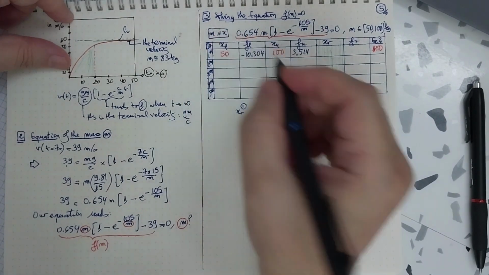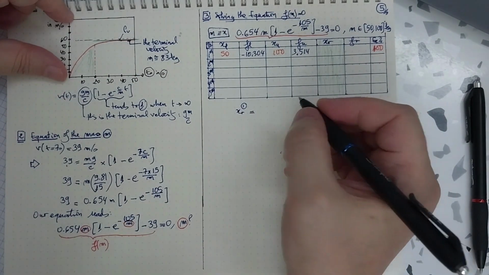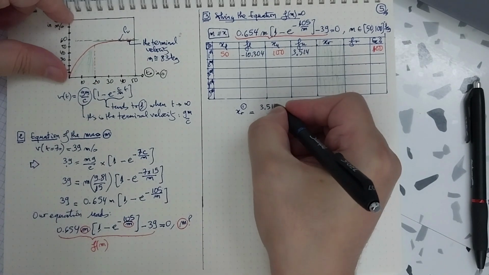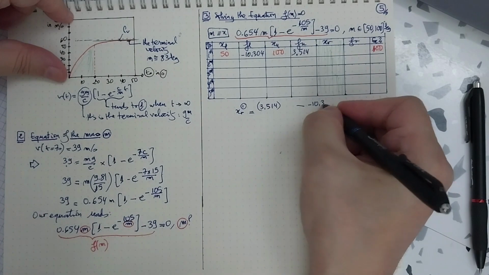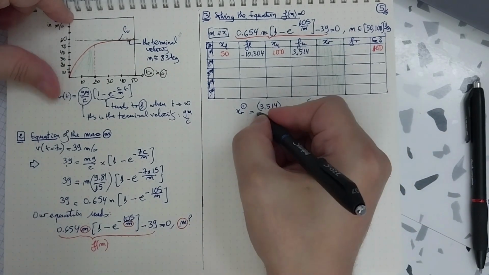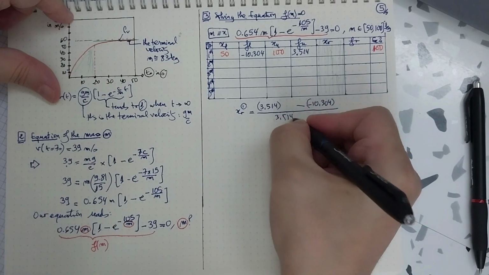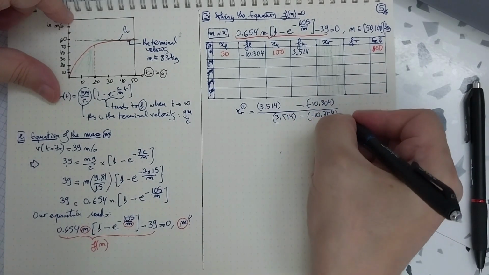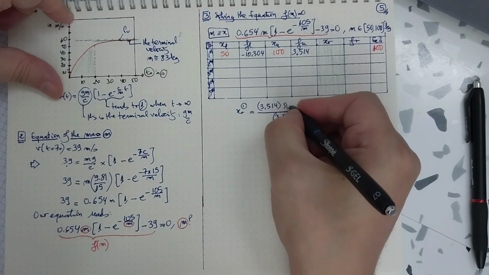And then we calculate the root. X here means m. The first root: fu times xl, 3.514 minus 10.304 in the numerator and denominator, and for the x's, 50 and 100.